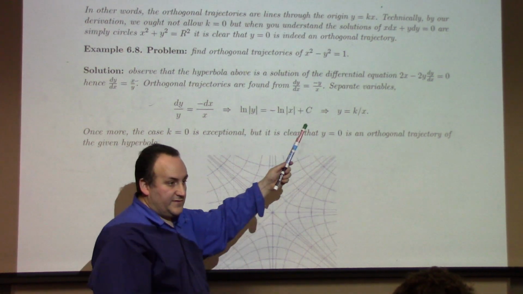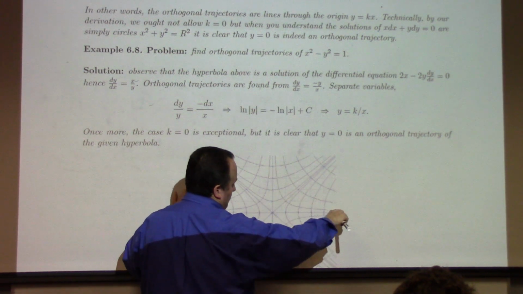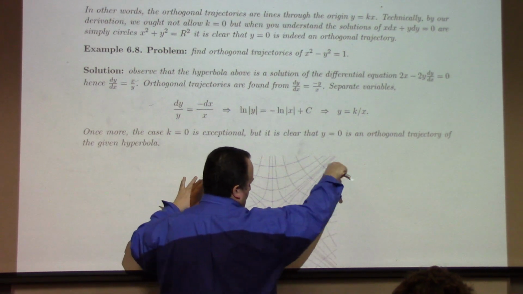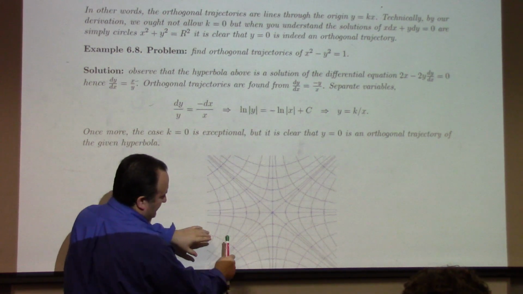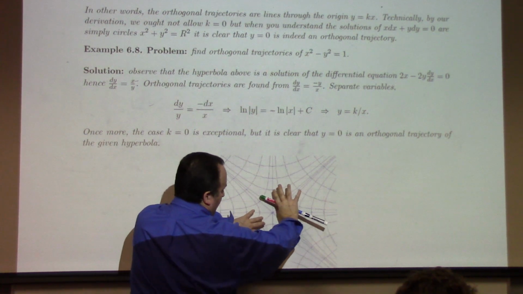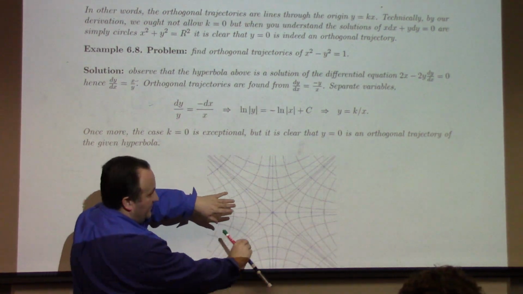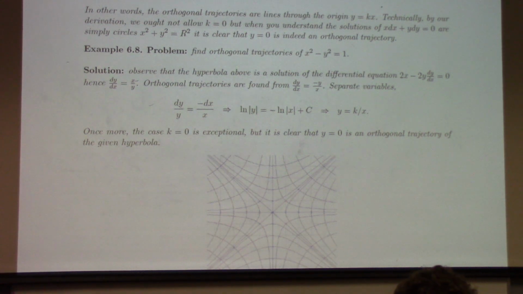Those are the reciprocal functions. Positive k's give reciprocal graphs like here, and negative k's give reciprocal graphs down here. Wherever those reciprocal graphs cut through the unit hyperbola, they meet it at a 90-degree angle.